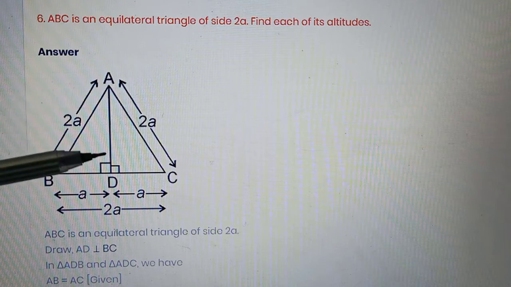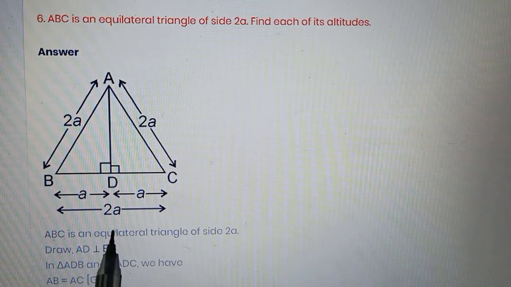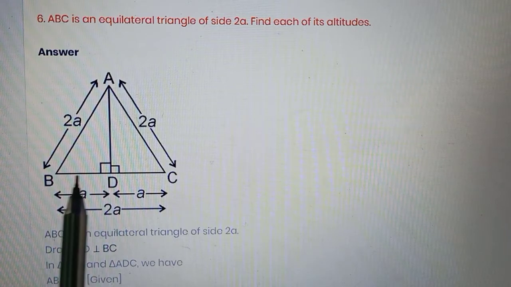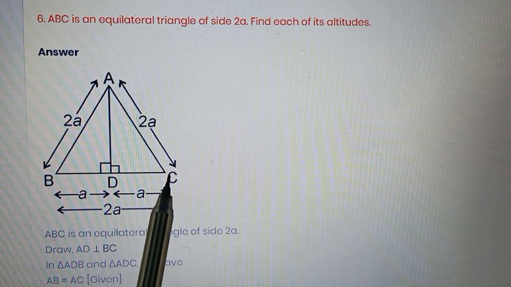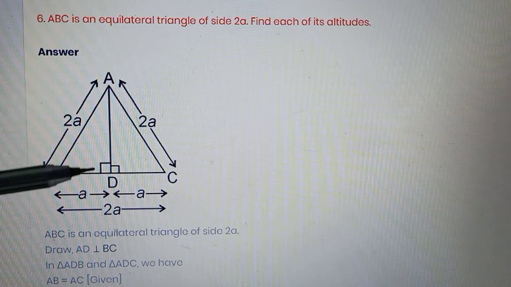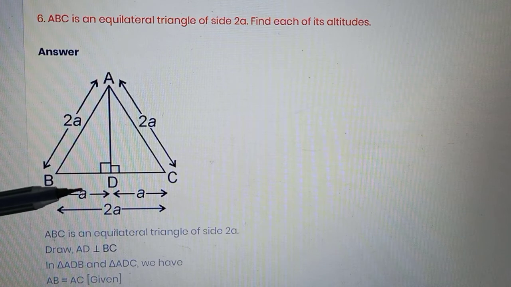All right. Another thing is that in an equilateral triangle, the altitude bisects the base. Okay, this altitude AD, so D will be midpoint of BC, as they've shown you in the figure also. So 2a हमारा पूरा side था. So if D is the midpoint, then this bit is a, and the other side also you'll have a. Okay, so that's the property of an isosceles as well as equilateral triangle, that the perpendiculars bisect the base. Okay, तो वो altitude आपके medians भी होते हैं, that way you can say.